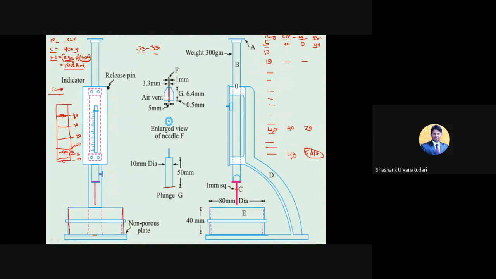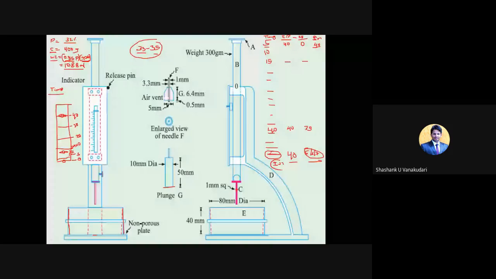So you will get the penetration value in this range, so that this needle reaches any of these three. Clear? So at what time you will get these results? That time is your initial setting time. Clear? So you have to note down in this way.